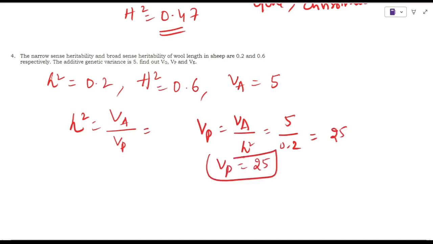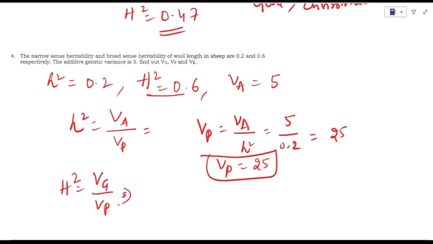Right? Then Vp is calculated, and we need to calculate Vg here. To calculate Vg, again we need to go for a formula. Capital H square is equal to Vg divided by Vp. We already know the value of capital H square, and we know the value of Vp here.